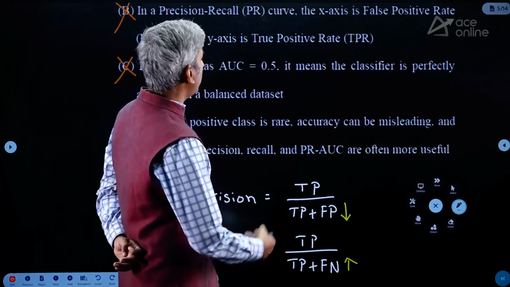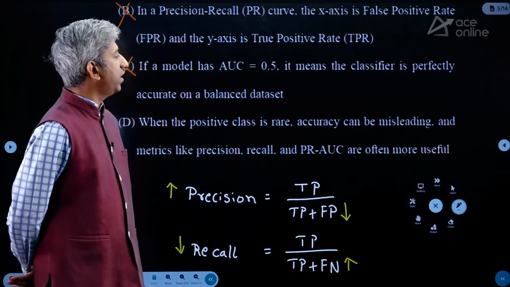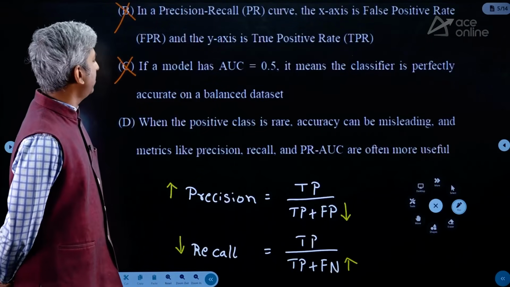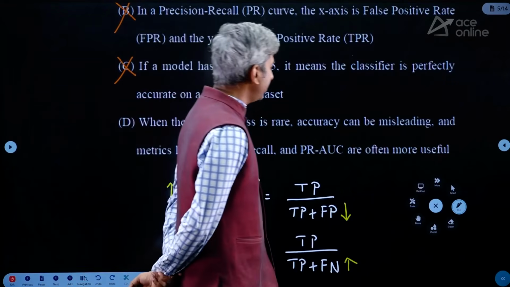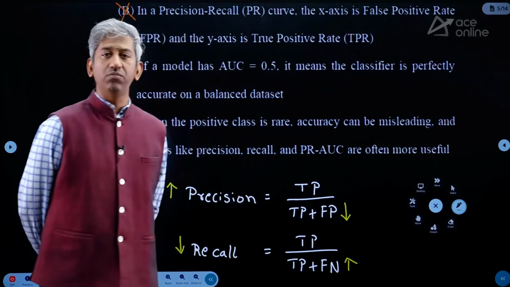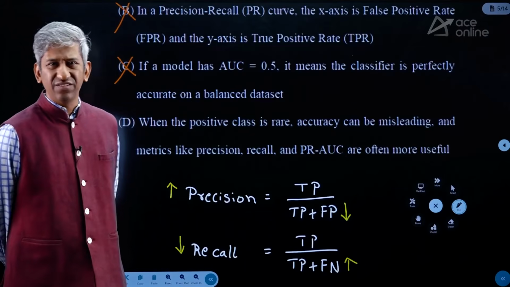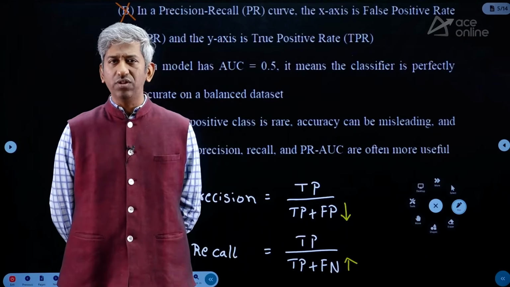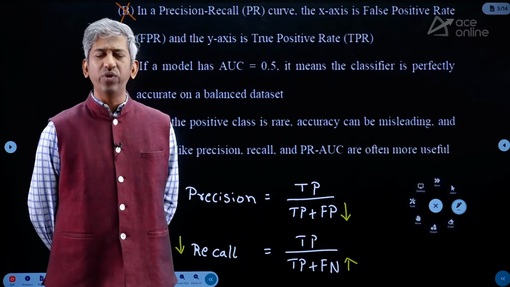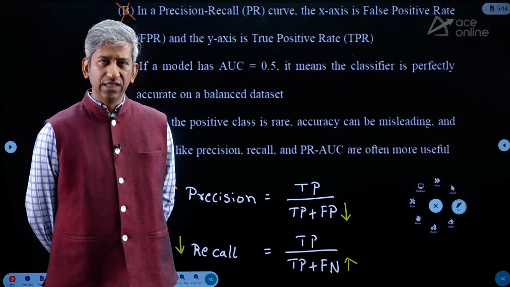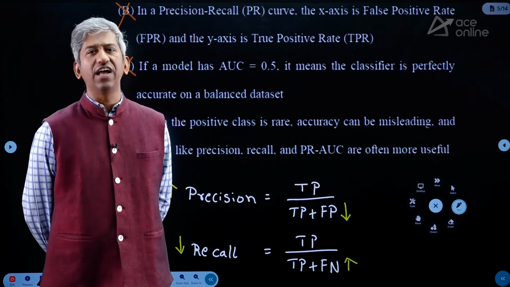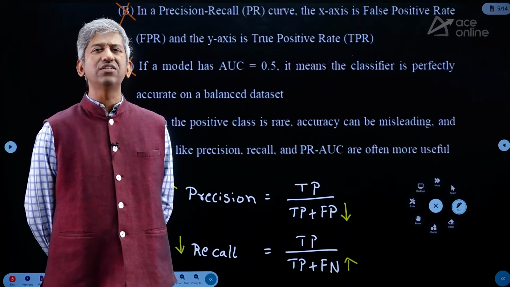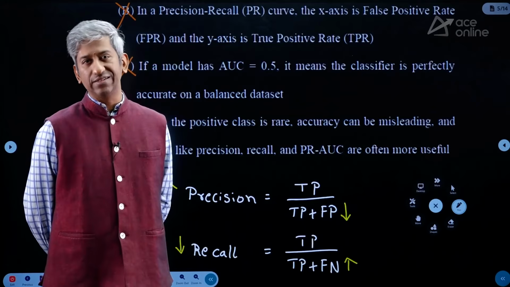When the positive class is rare, accuracy can be misleading, and metrics like precision, recall and precision recall AUC are often more useful. The main reason is that in real world scenarios, there are many examples where one class will completely dominate the other class. This scenario is called class imbalance.